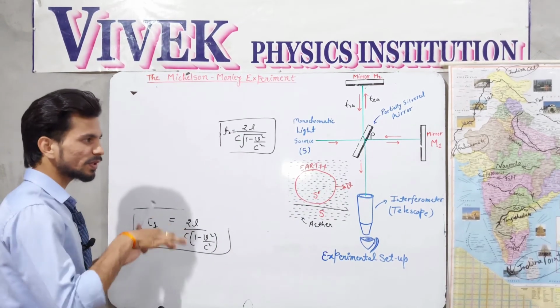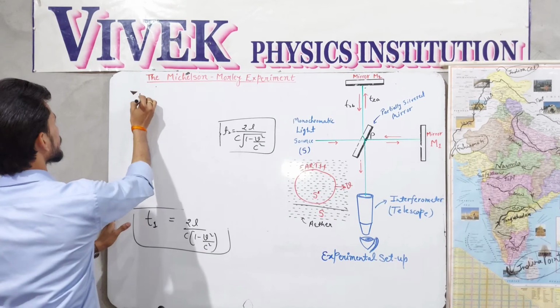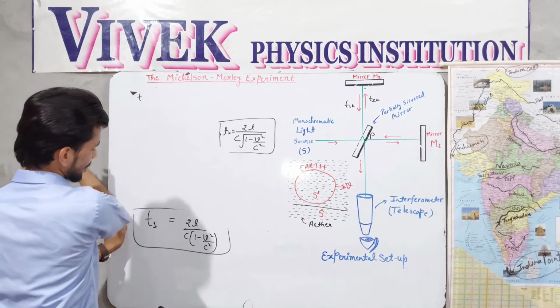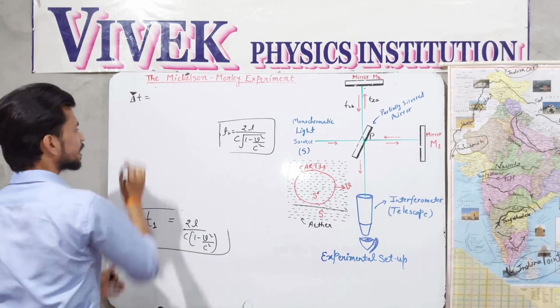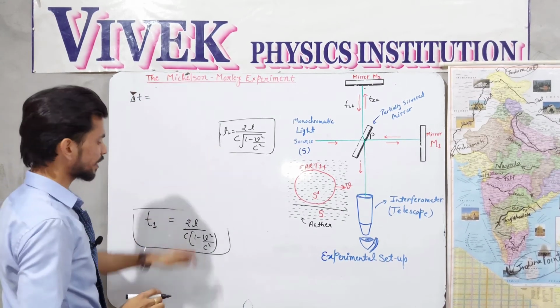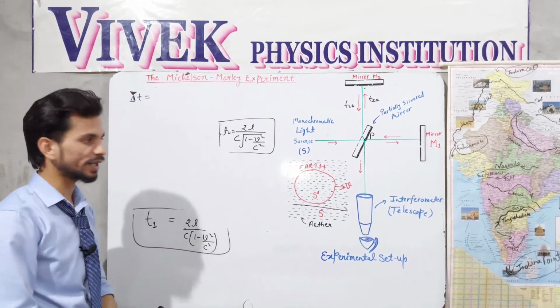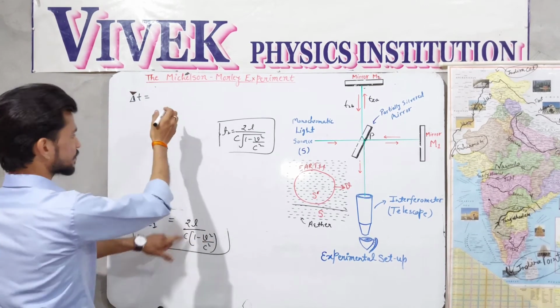So the time difference between these two rays, let's say this is simply T or delta T. Delta T will be this minus that, or that minus this. Which quantity is greater? That is this one minus that one.